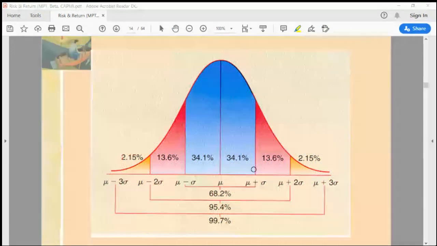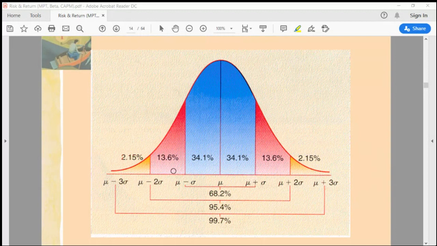So this was like 6'1", and this was like 5'3", and 5'8" is the mean, right? So within one standard deviation, there is a 68% probability.